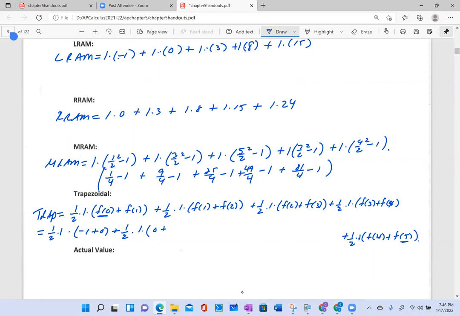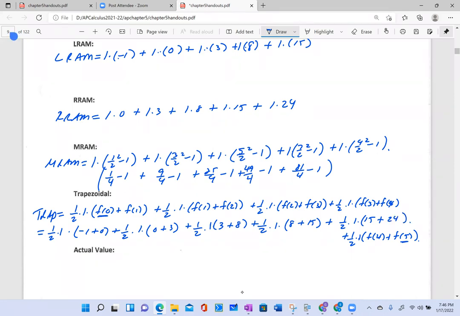That y repeats. f at 2: 2 squared is 4 minus 1 is 3, and again 3. f at 3: 3 squared is 9 minus 1 is 8, then again 8. f at 4: 4 squared is 16 minus 1 is 15, and again 15. And then 5 squared is 25 minus 1 is 24.